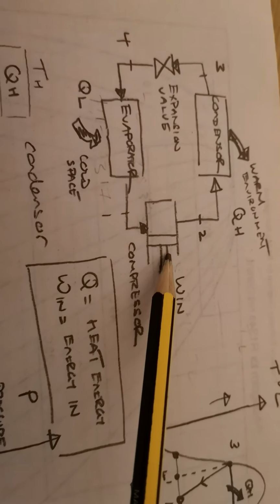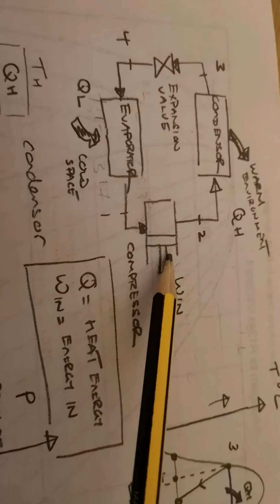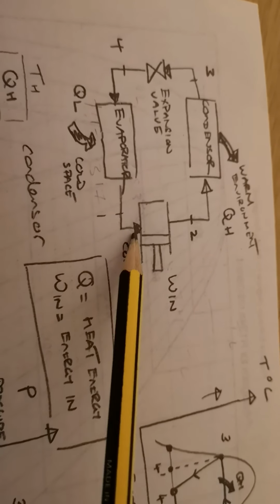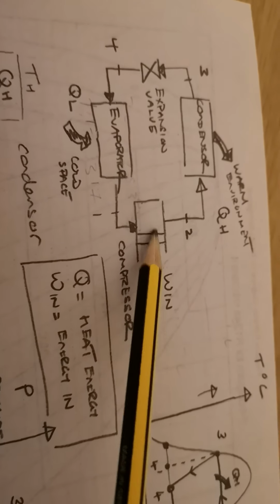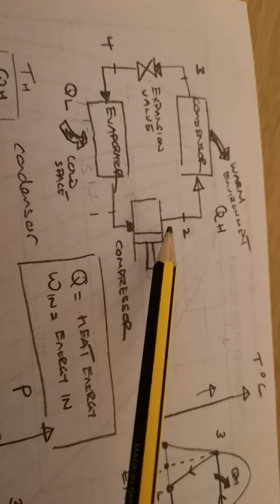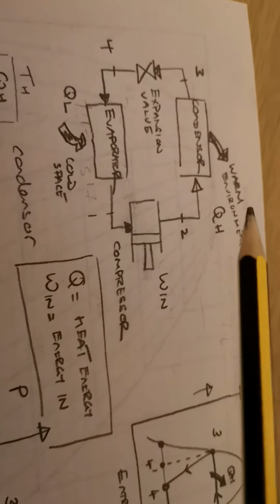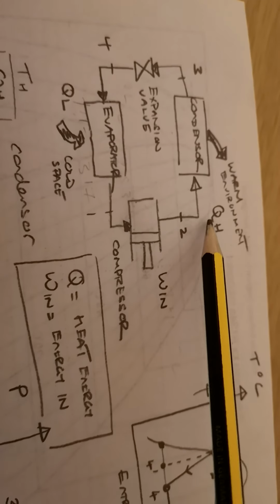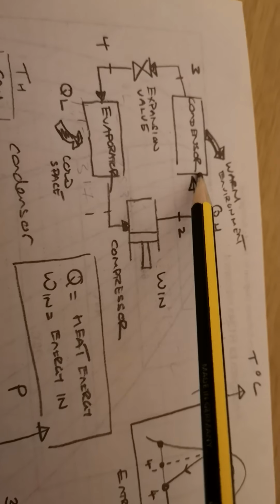As the pressure increases, this is a law of thermodynamics as well, the temperature increases. So the liquid's coming into here, it's being compressed, squashed into here. High pressure, high temperature.